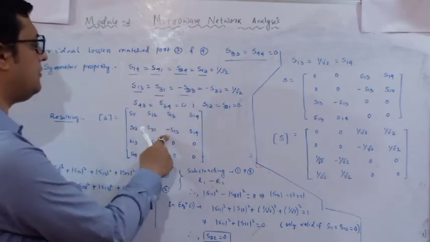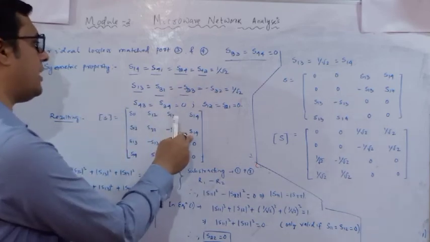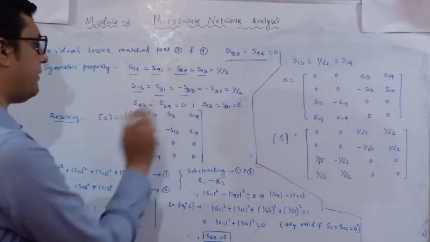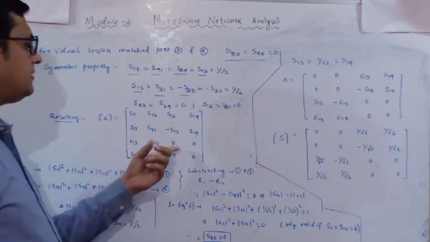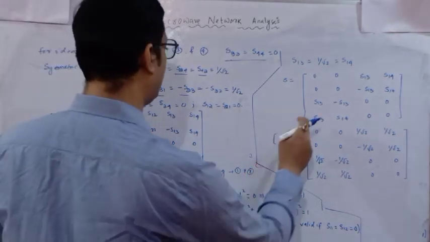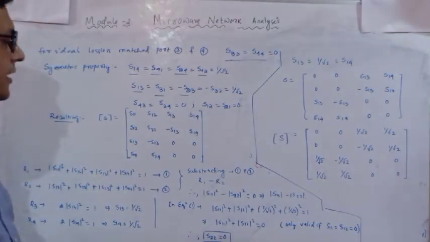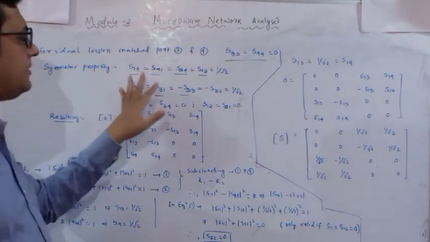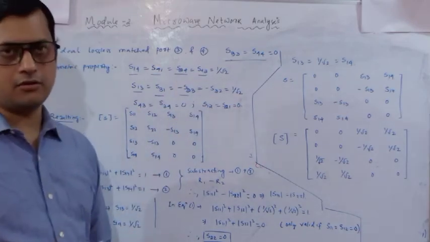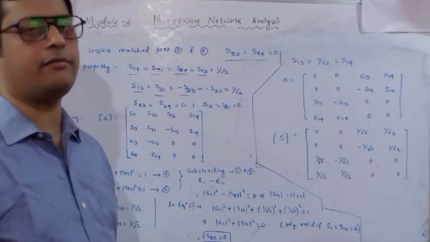In place of S23, I have substituted minus S13. In place of S24, I have substituted S14. Here it is written, S24 can be written as S14. So this becomes S13, minus S13, 0, 0, S14, S14, 0, 0. These particular values are written as they are with the help of this relation. Now, some parameters we know and some we do not know. So what to do with the help of the unitary property? You have to substitute those values and identify the unknown quantities.